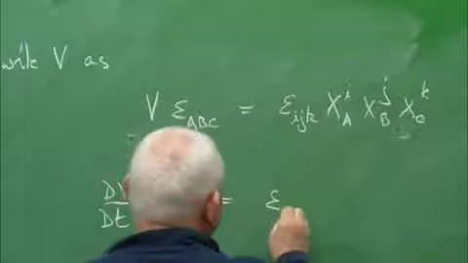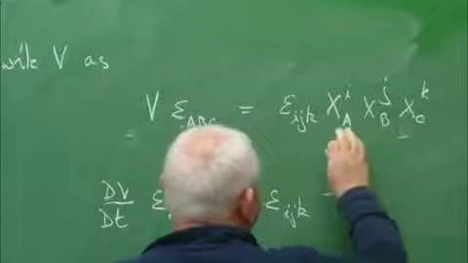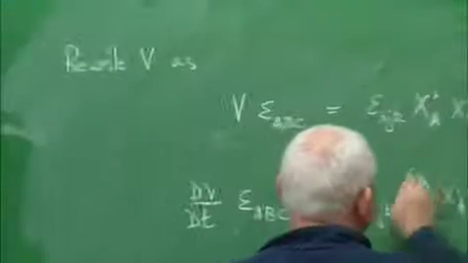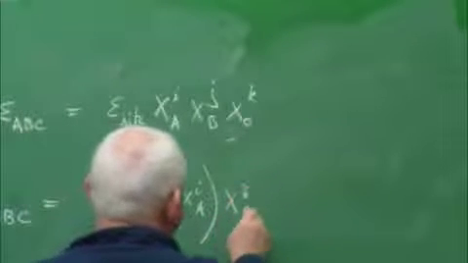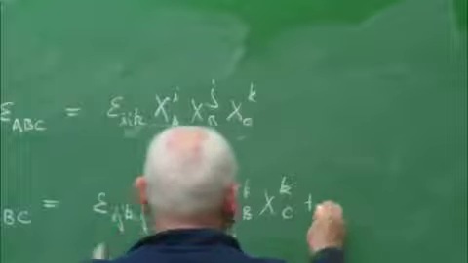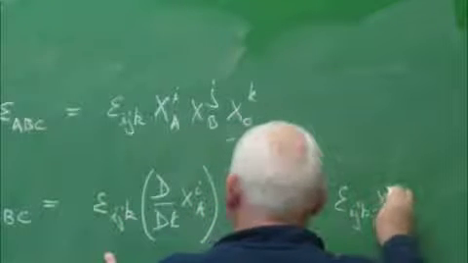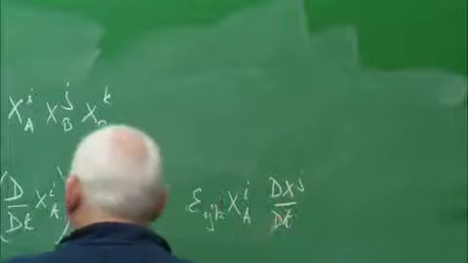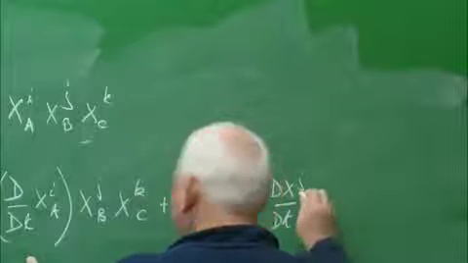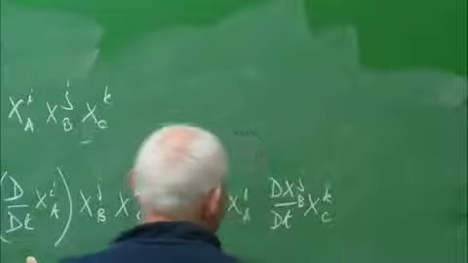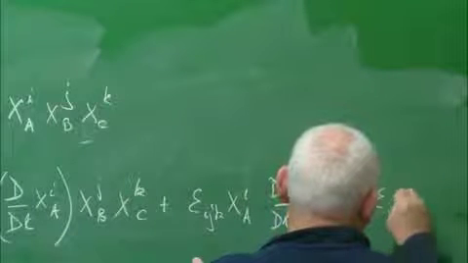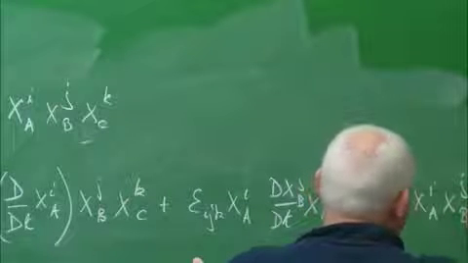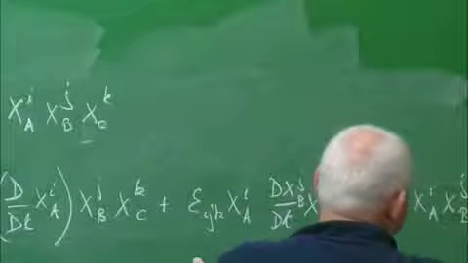And then on this side, you get IJK, and you've got a product of three vectors, and so this will be d by dt of x_iA x_jB x_kC, plus epsilon IJK x_iA d x_jB by dt x_kC, plus epsilon IJK x_iA x_jB d x_kC by dt.